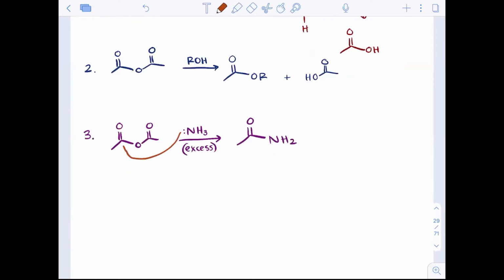Let's do the mechanism. Nitrogen, again, a base, attacks the carbon of the carbonyl, kicks up the lone pair. I'm going to hang off one proton this time just to be a little bit quicker. A second equivalent of the amine will come in and deprotonate the nitrogen, so it's neutral.